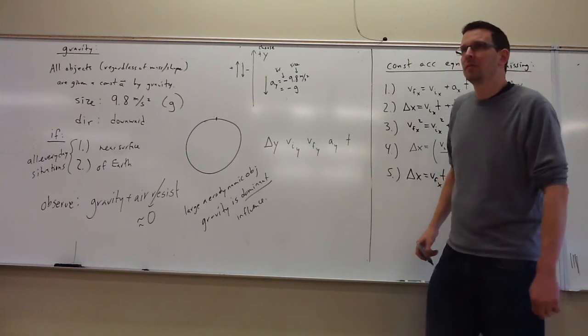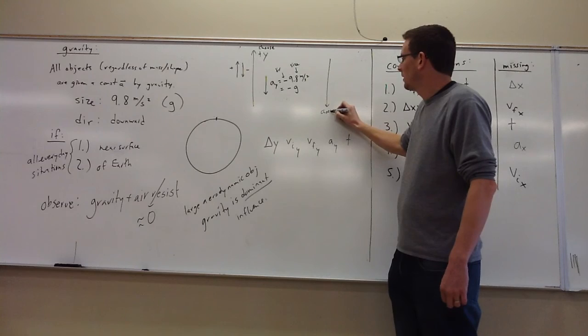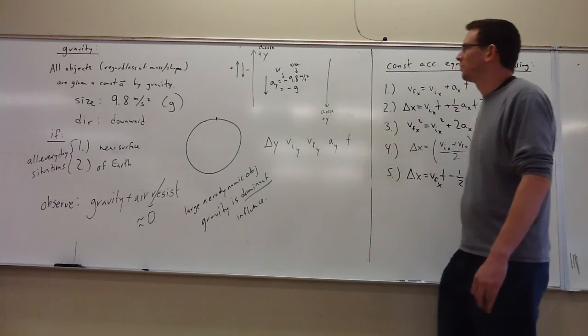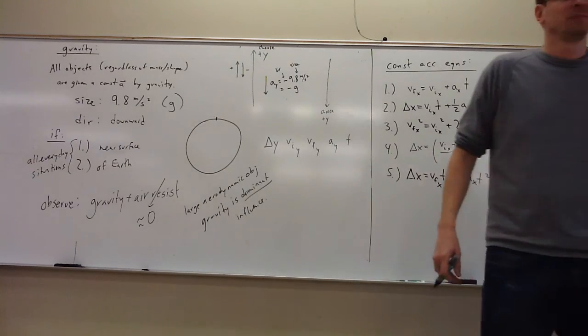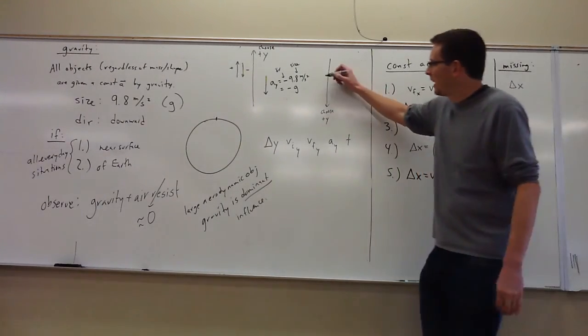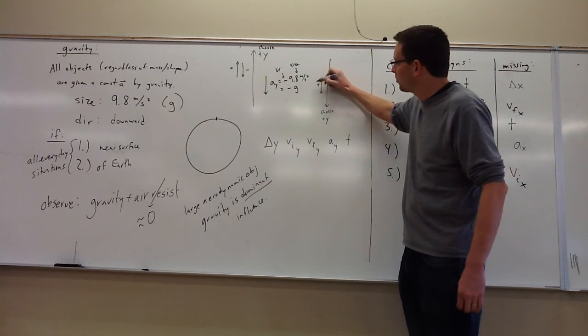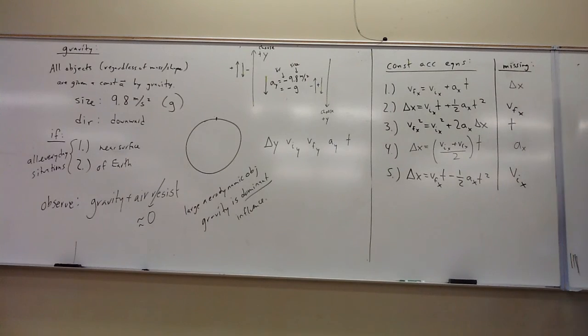For example, what if we decide to choose downward to be plus. That's something that you occasionally might want to do. In fact, you will do it in your lab this week. So that means that anything that points downward is plus, whereas anything that points upward is minus. Well, gravity still acts downward, doesn't it?